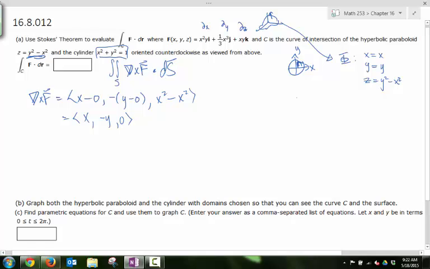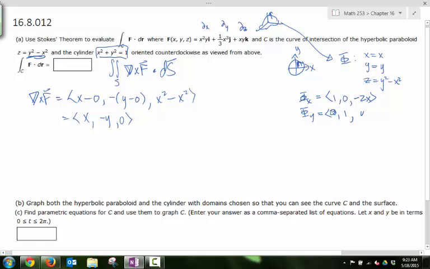And we want to check the orientation. We're going to take the derivative with respect to x and y. With respect to x it's 1, 0, minus 2x, and with respect to y, 0, 1, positive 2y.